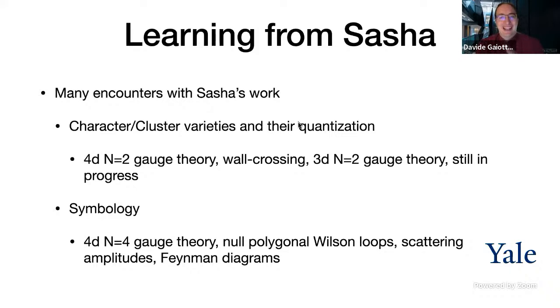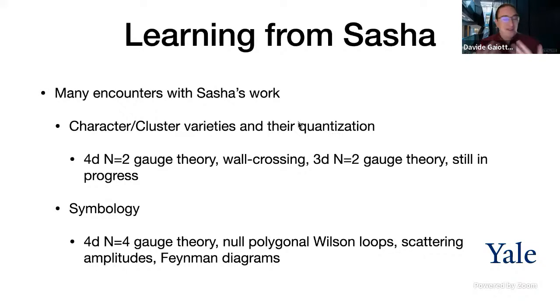I myself am not an expert in that subject, but I had some fun forays in the study of correlation functions and null polygonal Wilson lines in four-dimensional N=4 gauge theories. There, both at strong coupling and at weak coupling, we would find pieces of Sasha's work floating around, often apparently disconnected mathematically: cluster structures at strong coupling, and coproducts of polylogarithms and transcendental functions at weak coupling.